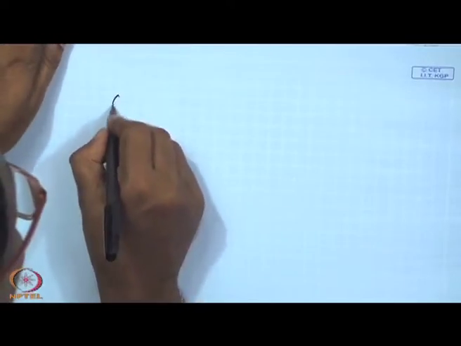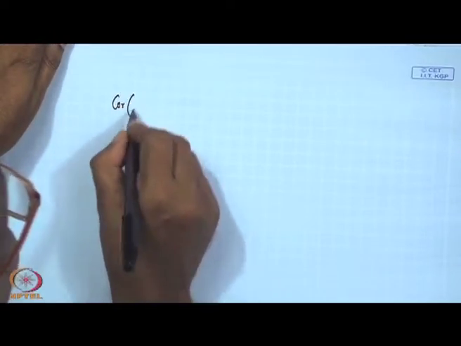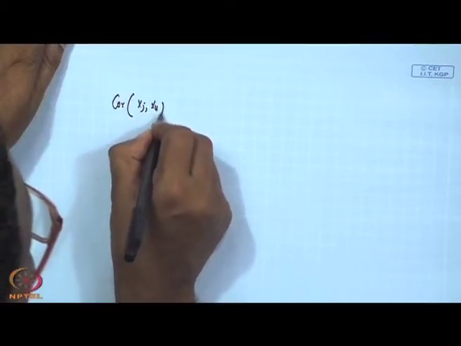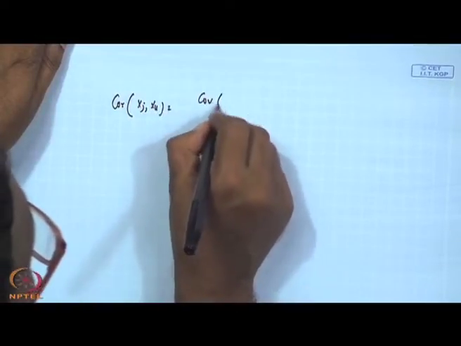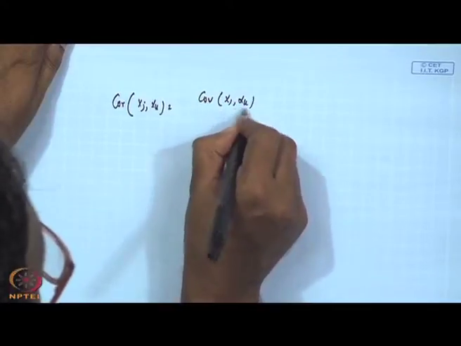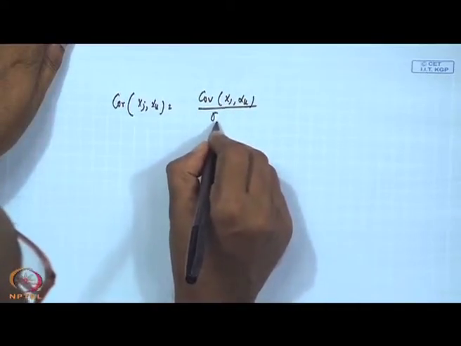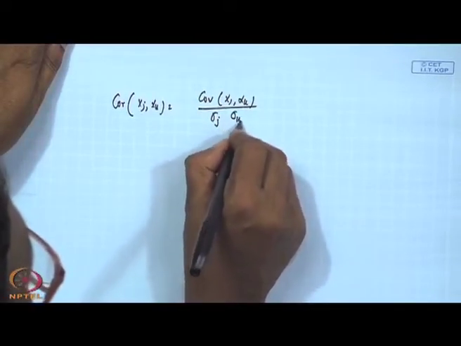So, mathematically, the correlation of x_j, x_k is the covariance of x_j, x_k divided by sigma_j sigma_k.